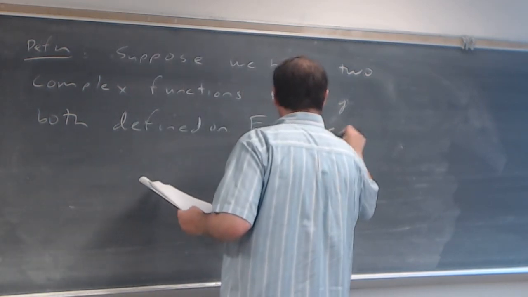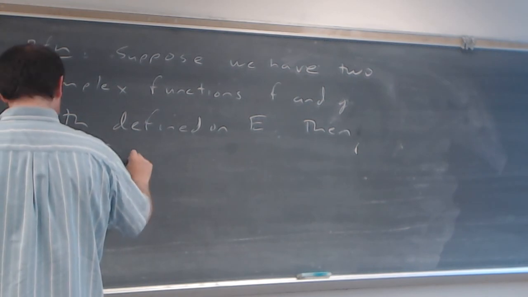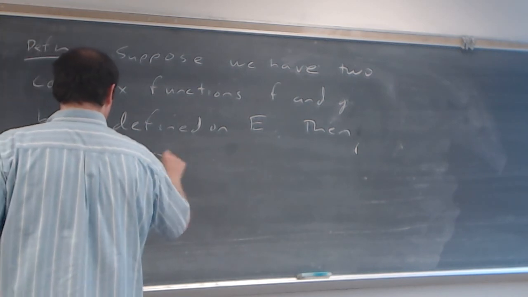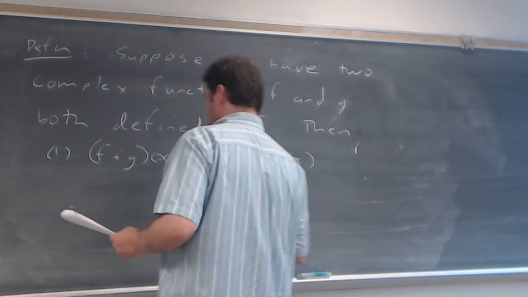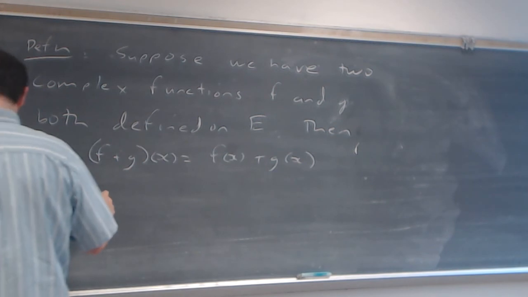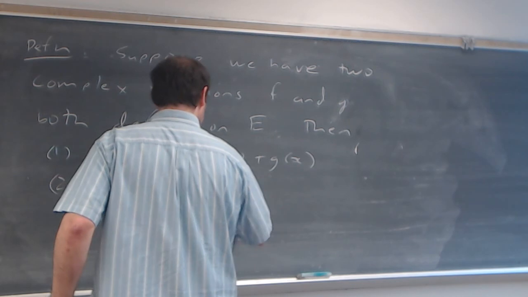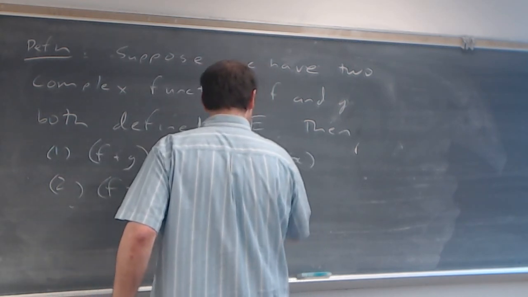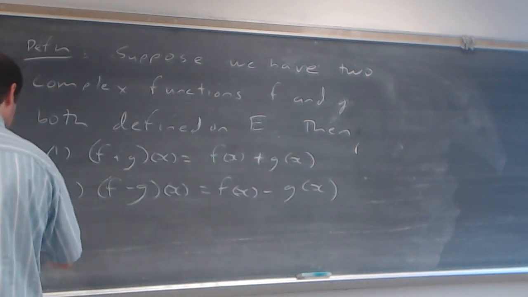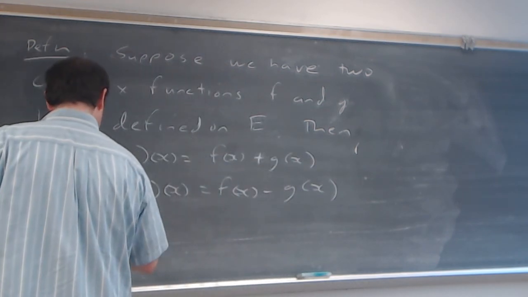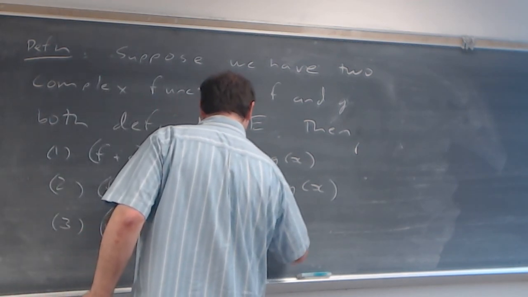Then, the first thing we're going to define is f plus g acting on x. That's going to be equal to f of x plus g of x. Similarly, f minus g acting on x is going to be equal to f of x minus g of x. f times g acting on x is going to be equal to f of x times g of x.